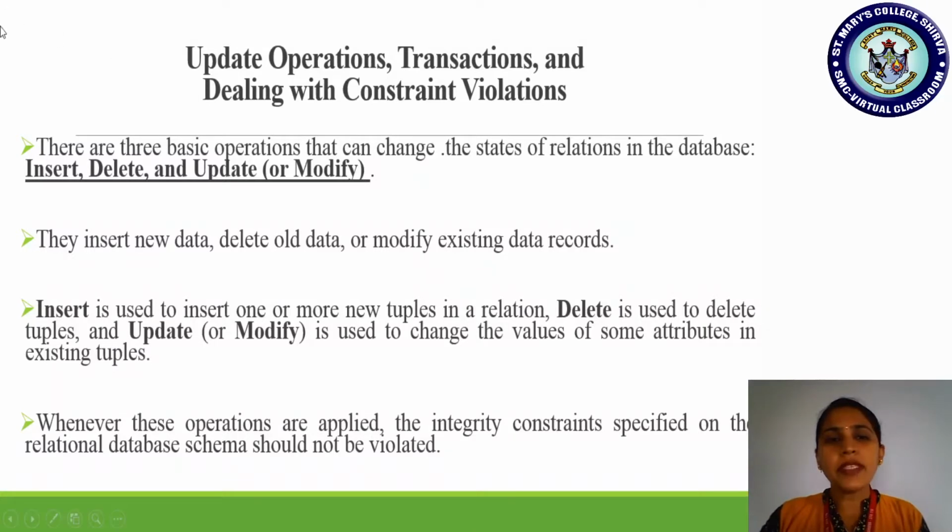So there are three basic operations that can change the database, or change the states of relations in the database. So what is the state of a relation? For example, if I am entering 100 student records at one moment, at that current state I have 100 records.